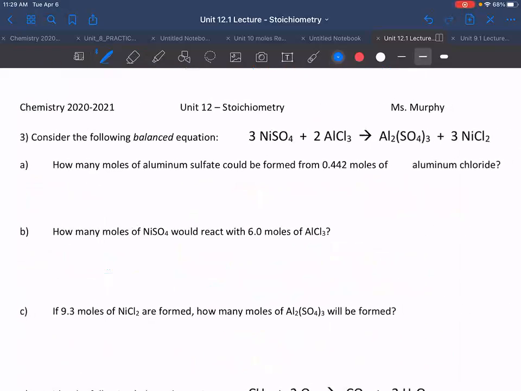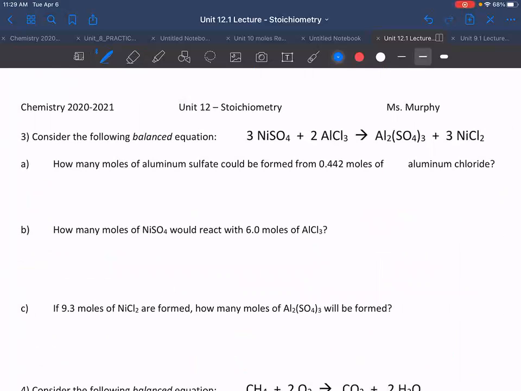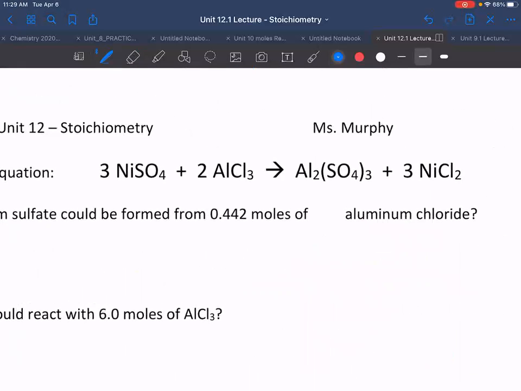Now this one's asking, how many moles of aluminum sulfate could be formed from 0.442 moles of aluminum chloride? So we have to remember what these things are. So looking at our equation here, aluminum chloride is this reactant.